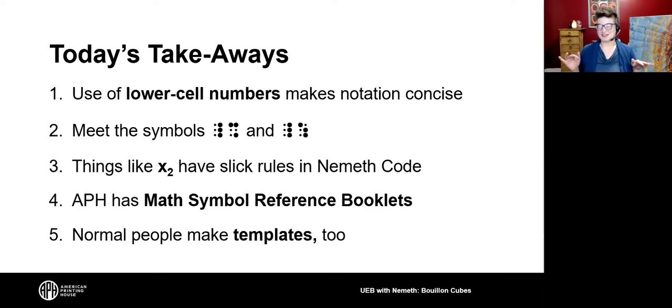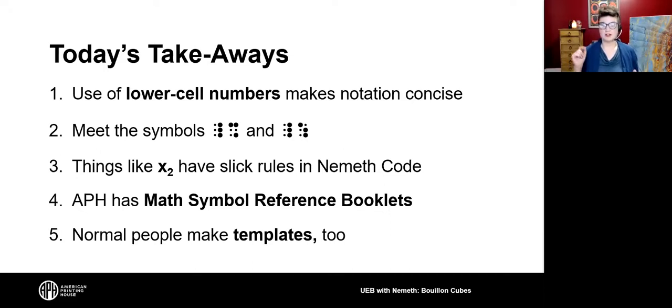We're going to talk about some of the sweet and helpful rules that Nemeth Code has in regards to things like the letter X with the number subscript 2. So X2. 2 more things.